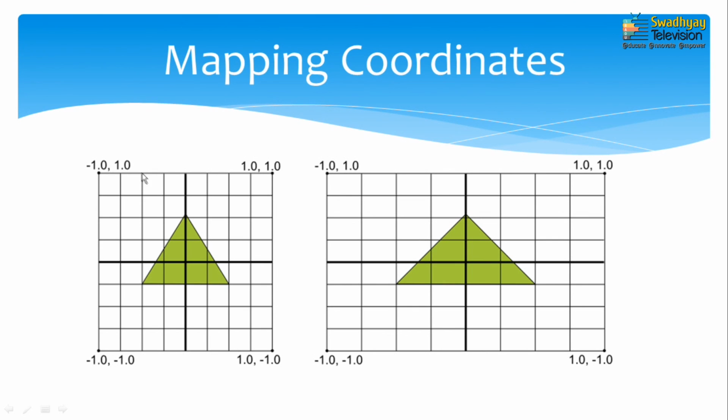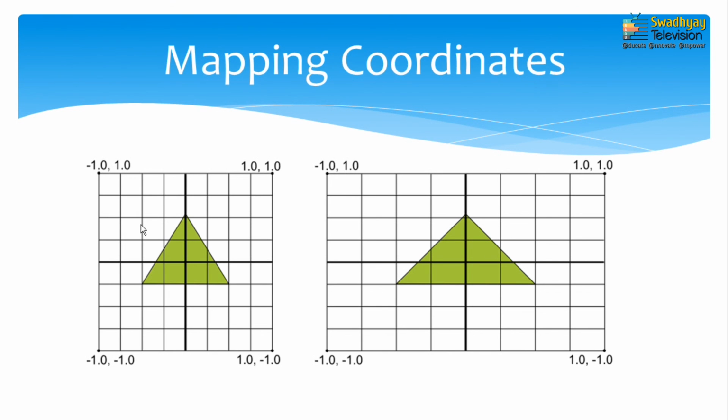If you follow the mouse pointer, the center of the screen is the origin, that is 0, 0, and the top left corner point is -1, 1 and the top right corner is 1, 1. Similarly, the bottom left corner is -1, -1 and the bottom right corner specifies 1.0 and -1.0. So, accordingly you have to specify coordinates for the shape to be drawn.